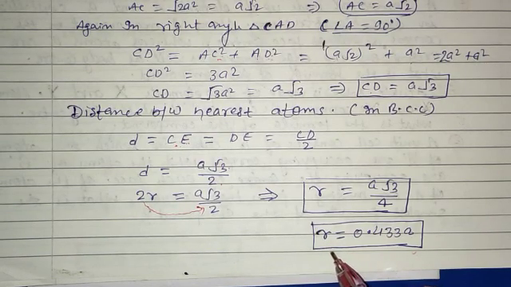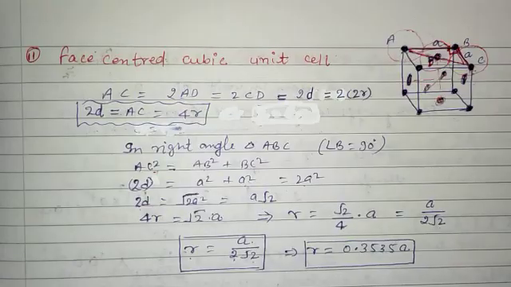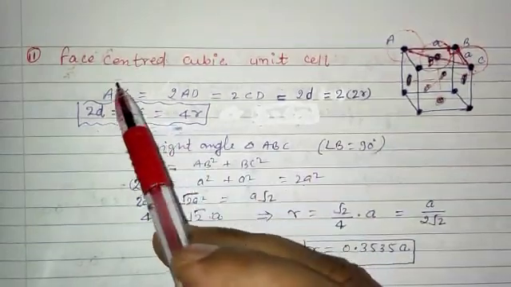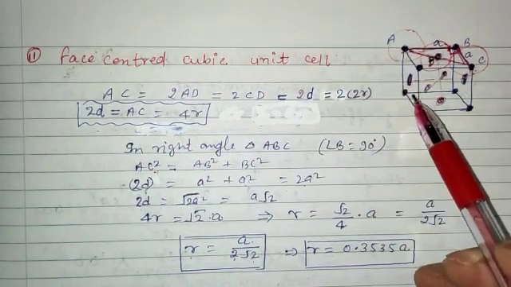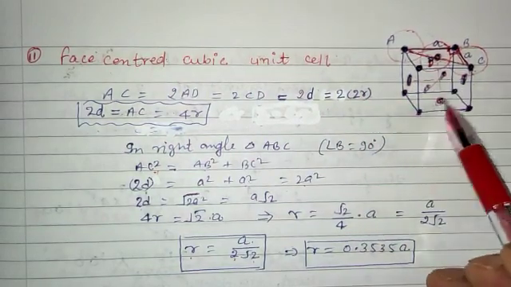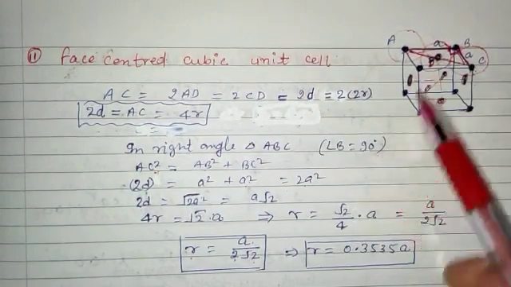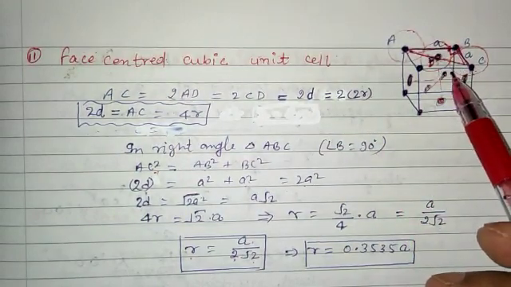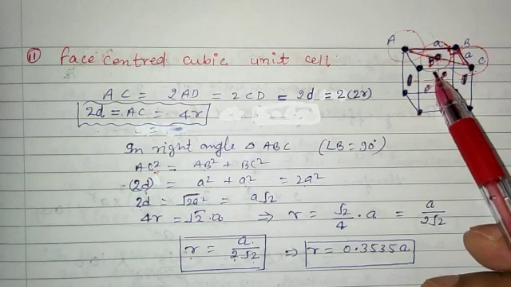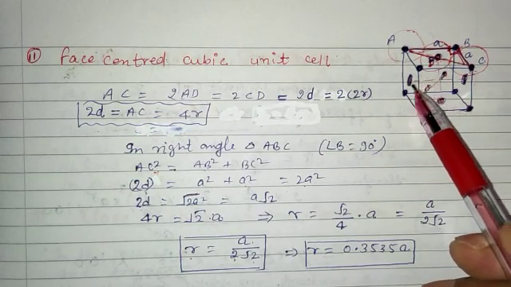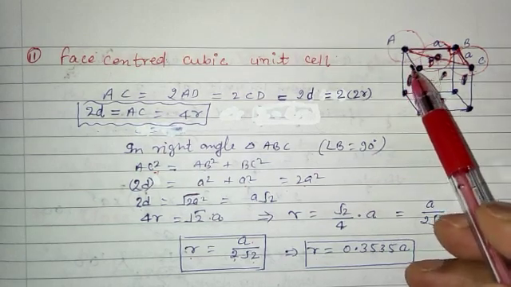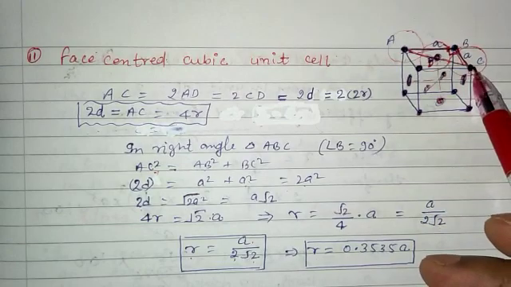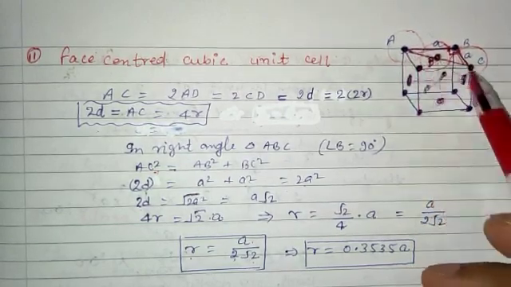Okay, now we will discuss next unit cell. Students, in case of face centered cubic unit cell, particles are present at the center of each face besides the corners. Okay, so to find out the relation between radius and edge length, we will calculate the distance between A and C. AC, that is face diagonal.